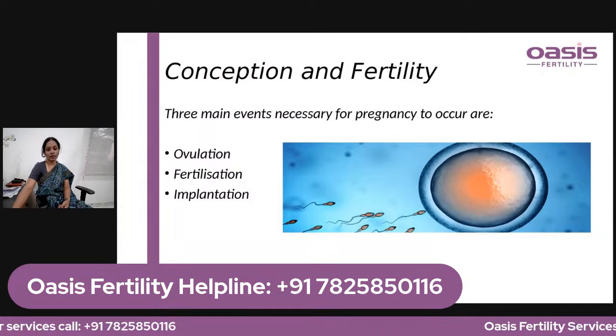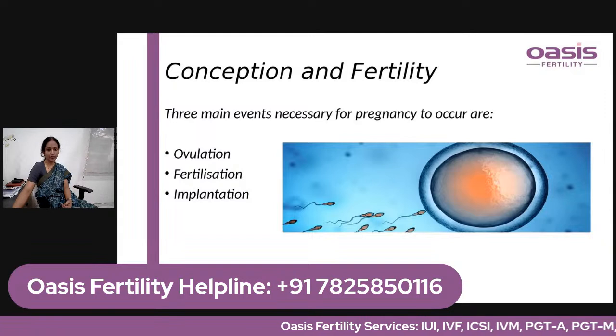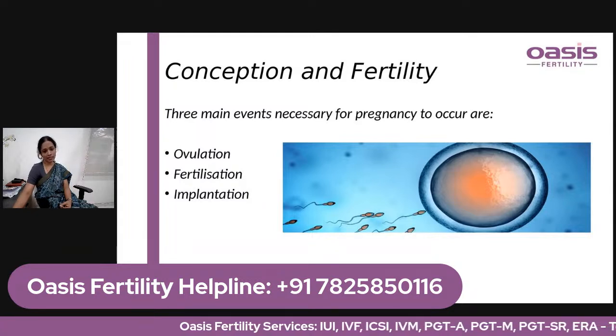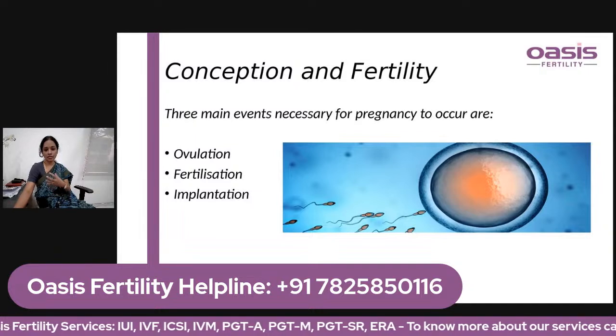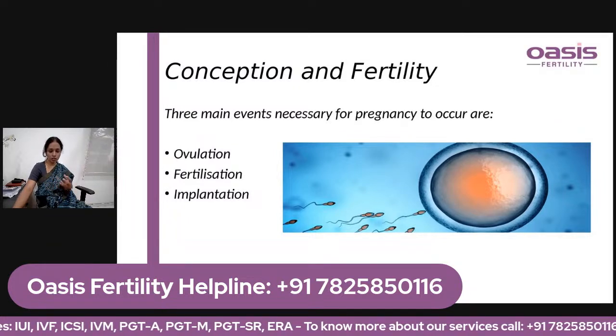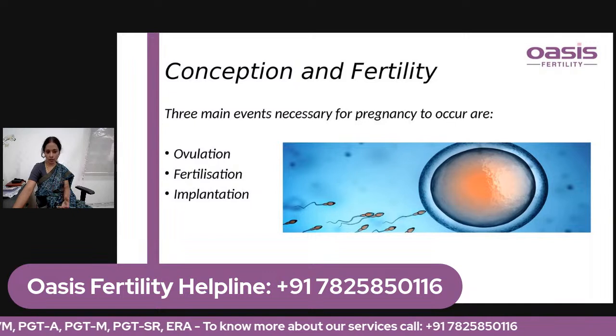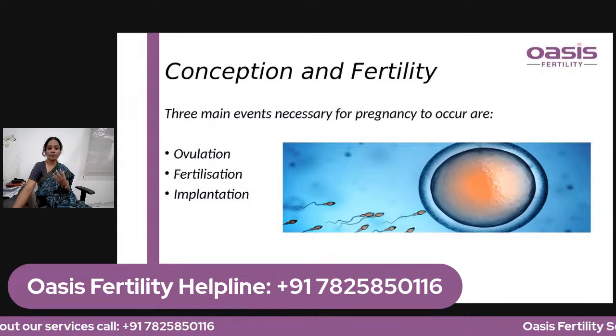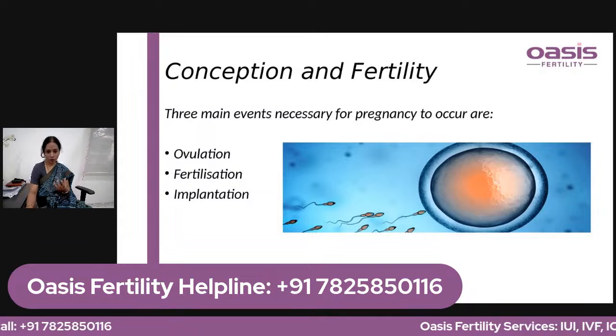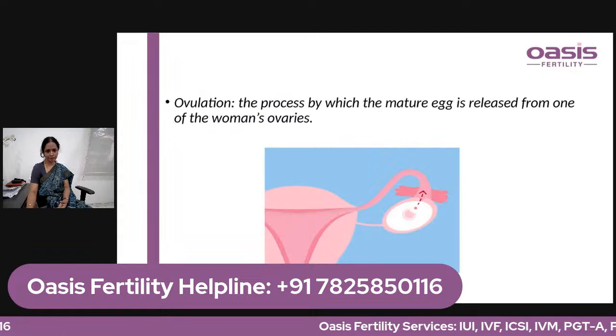After ovulation, there is fertilization, which is the meeting of the egg and the sperm, by which the egg is fertilized. Then there is implantation, where the embryo developed in the fallopian tube moves into the uterus and gets implanted. These three main events are important in the formation of a conception, the formation of a fetus.